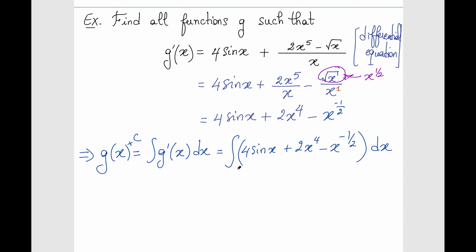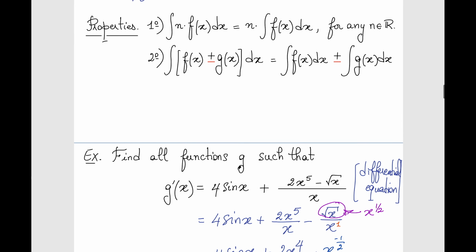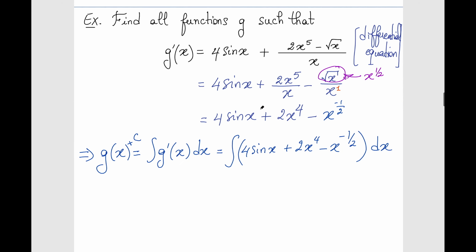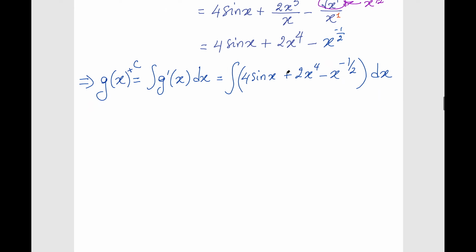All right, and now how about we use these two properties? They say you can push out multiplicative constants outside the integral, as long as they are multiplicative constants, and you can split sums and differences, right? So you see here I have a sum, I have a difference. Let's split them up.